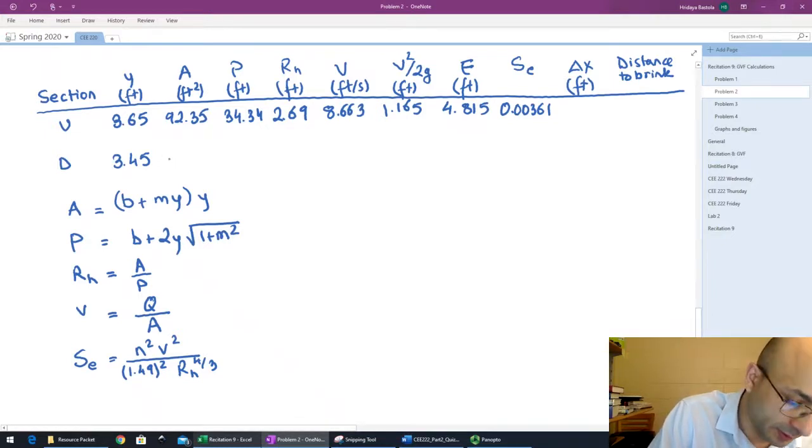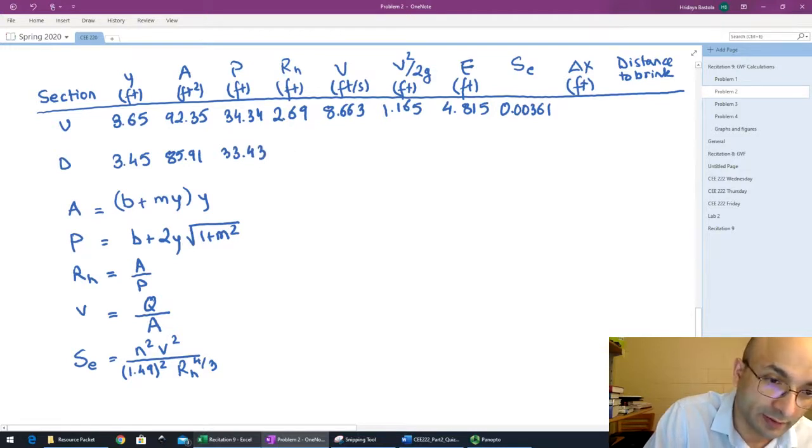Area will come out to 85.91, wetted perimeter of 33.43, hydraulic radius of 2.57, and we'll get a velocity of 9.313.